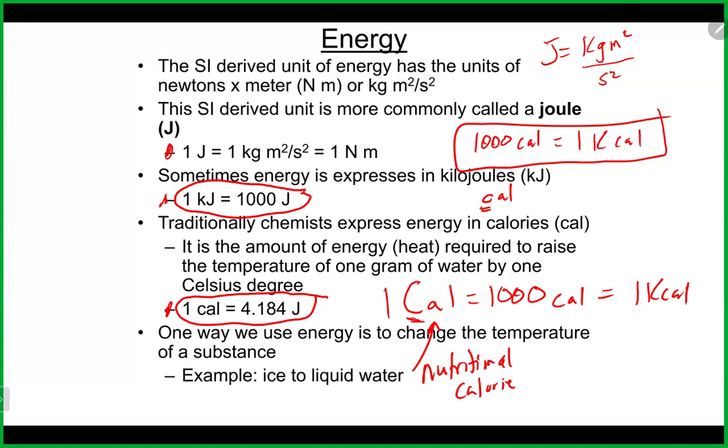Heat and energy flows from hot to cold. So the hotter object will release the energy to the colder object, and the colder object will pick up that energy. The reflection of how we see this sort of transfer of energy is in terms of temperature.